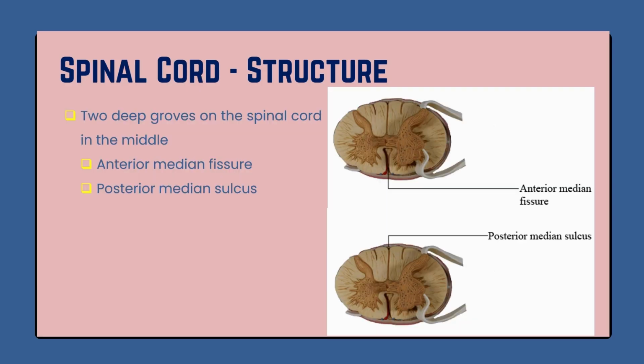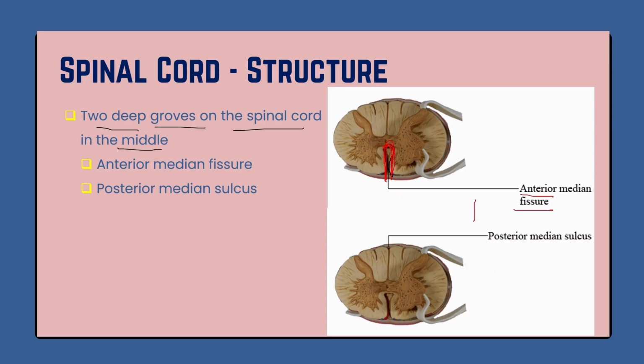Coming now inside the protective layers, we have two deep grooves on the spinal cord in the middle. You can see here there is one groove here, right? Let me just change the color. This is called the anterior median fissure.